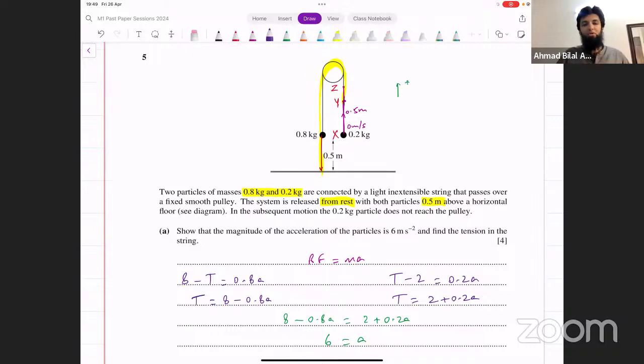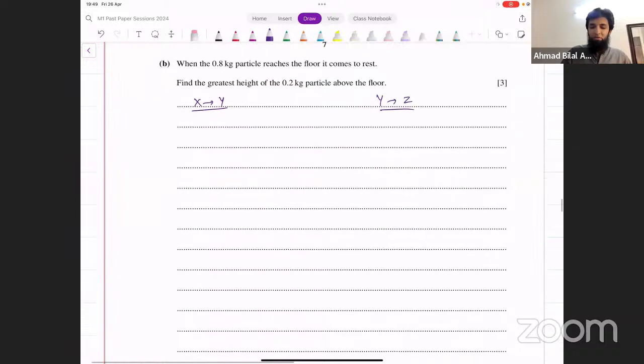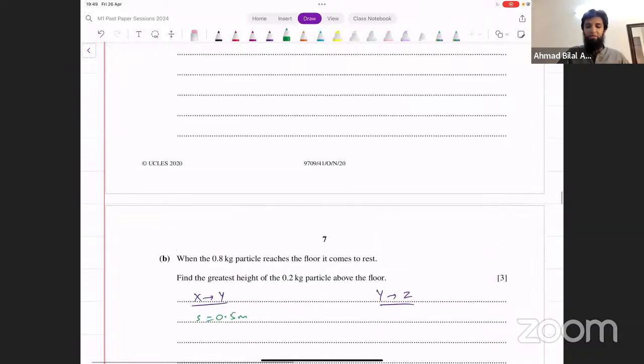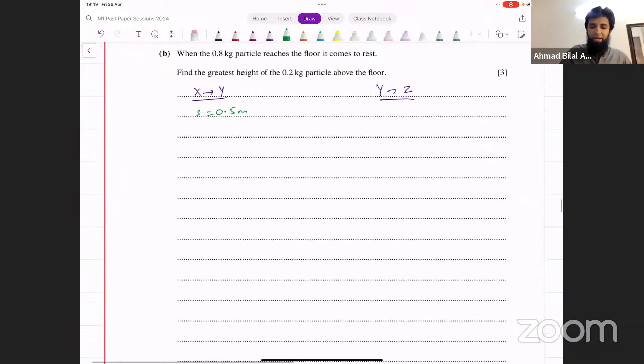What do we know about X to Y? From X to Y, we know that the displacement is 0.5 meters. What else do we know from X to Y? We have found the acceleration while the string was taut. Remember, X to Y is the part when the string is taut. Y to Z is the part when the string is slack.